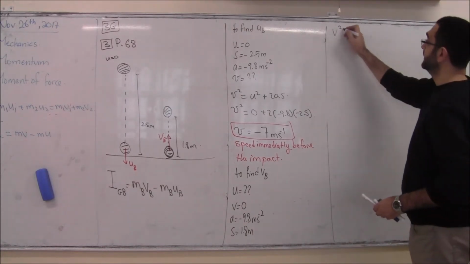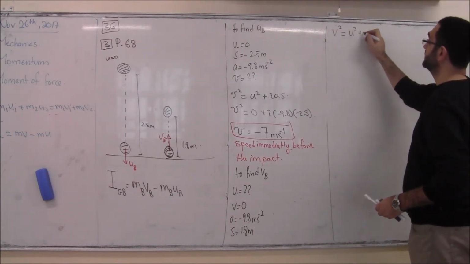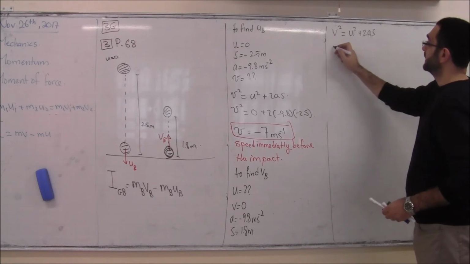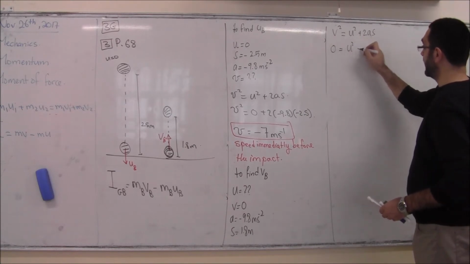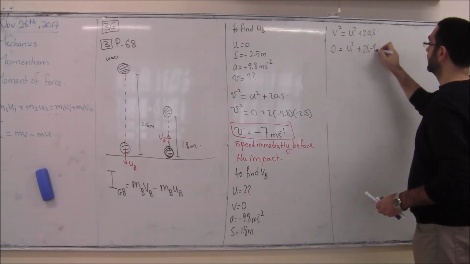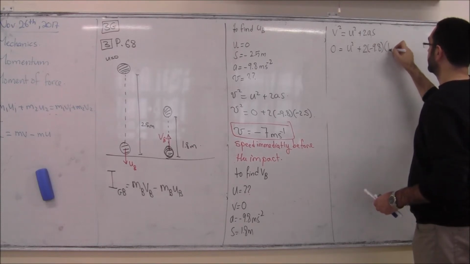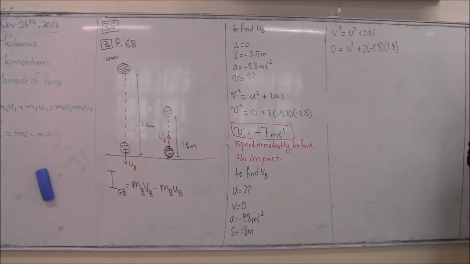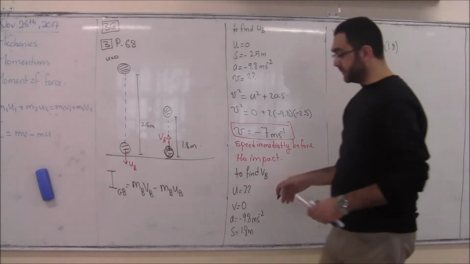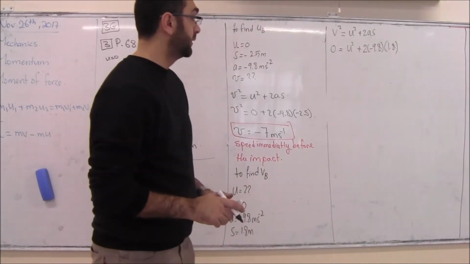V squared equals U squared plus 2AS, 0 equals U squared, which we need to find, 2 times 9.8 times 1.8. Why did we put the acceleration negative? Because the ball goes upward; even in free fall, acceleration is always negative.